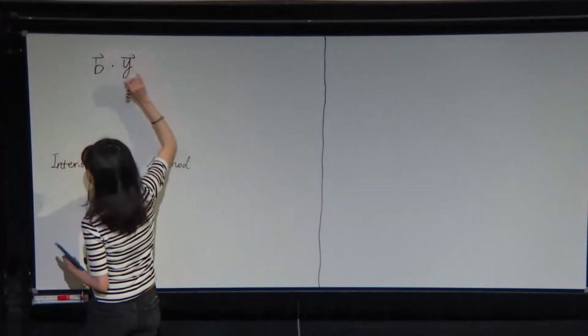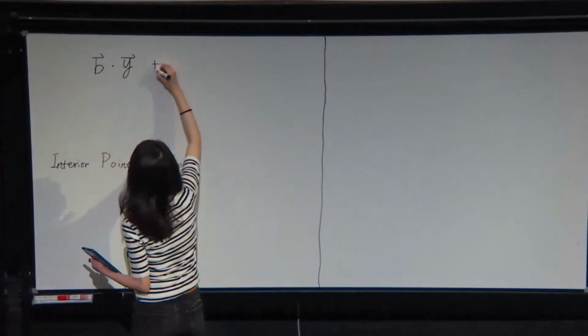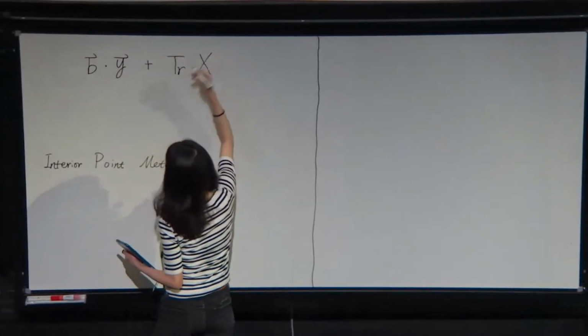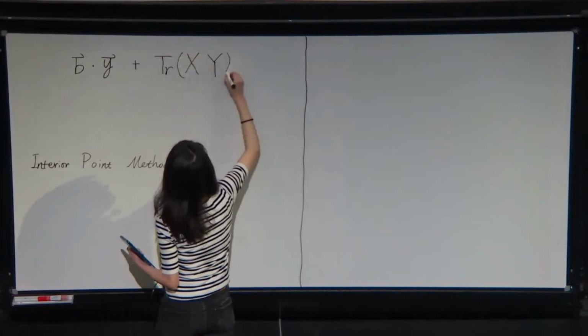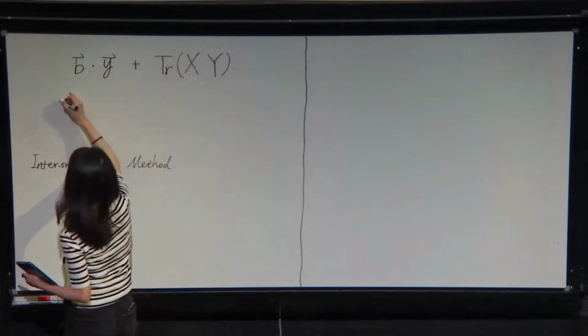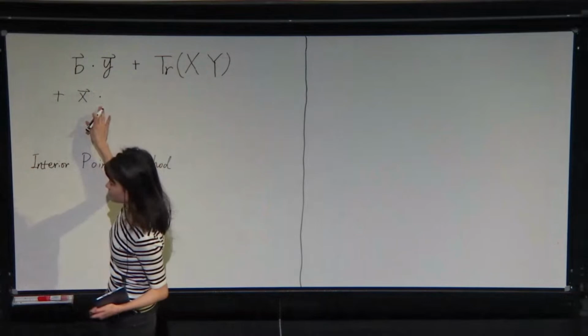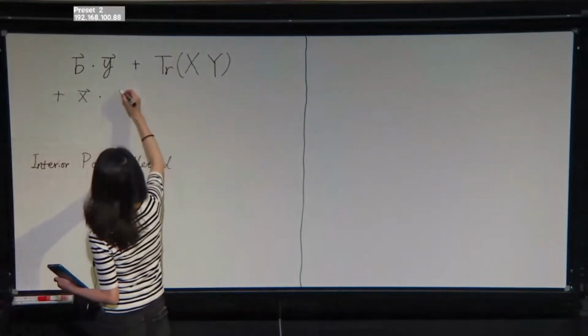So at first, we write down our objective here, and then we add this capital X, which is my multiplier that I want to use to impose this inequality constraint. And similarly, I have different multipliers for the equality constraints.